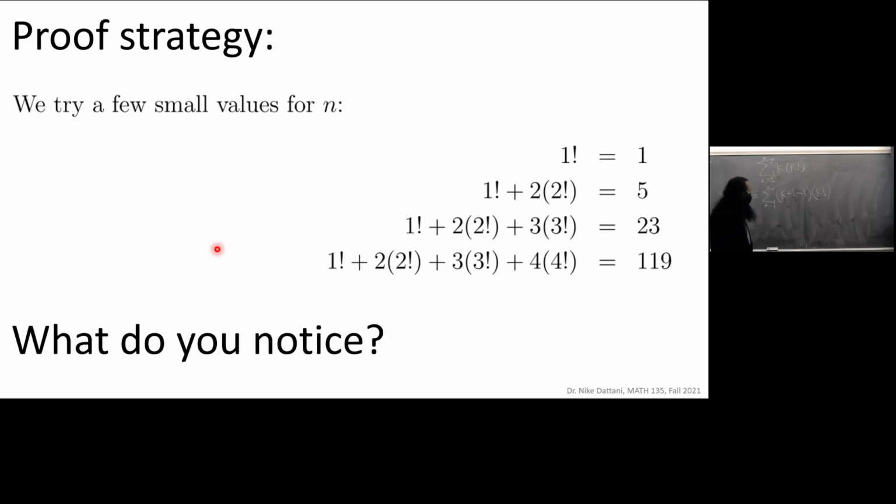So you have k plus 1 minus 1. Then what do you do? Then you multiply it out, so you end up with k plus 1 factorial minus k factorial. And you can split the sum if you want.